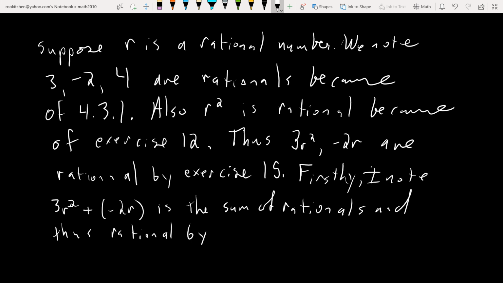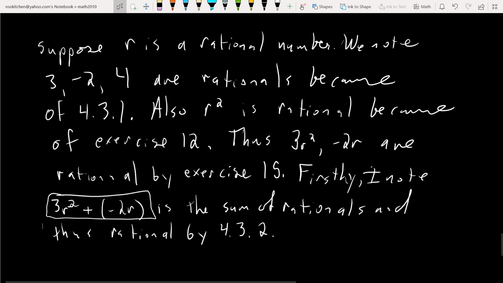I think that was theorem 4.3.2. Then, because I know this is rational, I can add it to 4, which is rational. So I'm only adding two things.